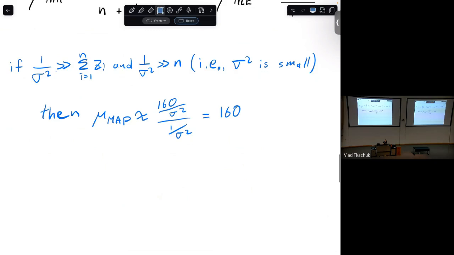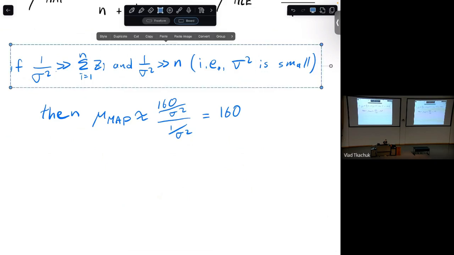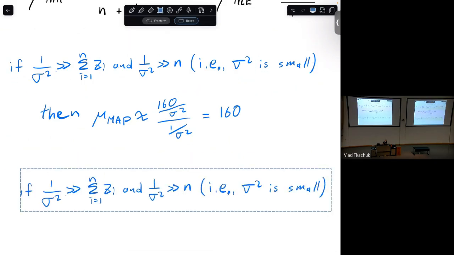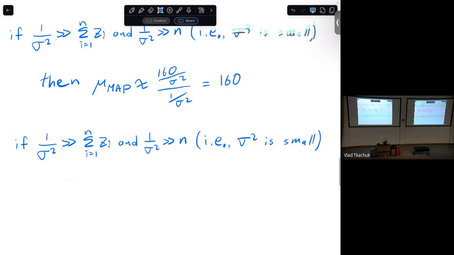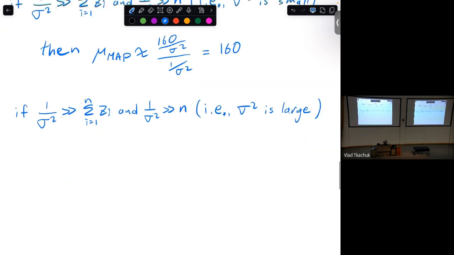And then the alternative is, as you will expect, that if the data does dominate your prior, or sigma is going to be large, so we're going to change sigma small to sigma large, and this is all to be considered relative to the data set size, right? And that means if sigma is large, then 1 over sigma squared is small.